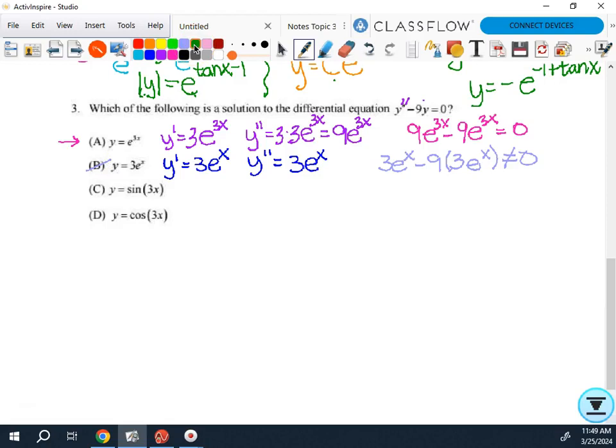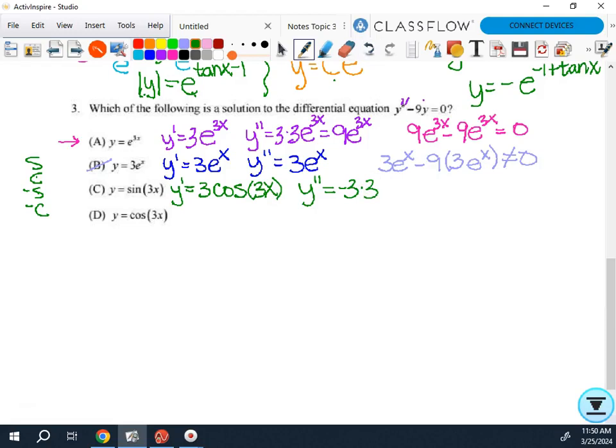The derivative of sine is cosine, and I'm going to have to use chain rule here, so this will be 3 cosine of 3x. Then y double prime, the derivative of cosine. So remember, you can do sine, cosine, negative sine, negative cosine. Taking the derivative of cosine, we're going to get negative sine. So this is negative 3 times sine, and then I have to take the derivative of the interior there because that is chain rule.